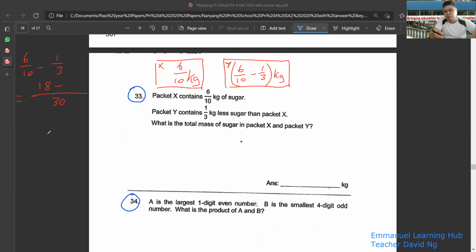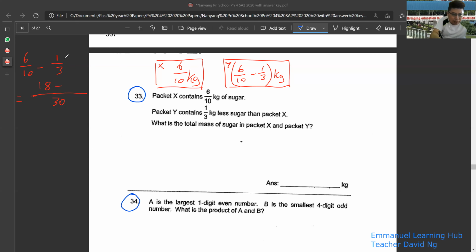You add a 0 behind, you multiply by 10. 3 multiplied by 10, that's how I get 30. Nothing to do with 18 already, because I'm looking at 1/3, not 6 over 10 now.